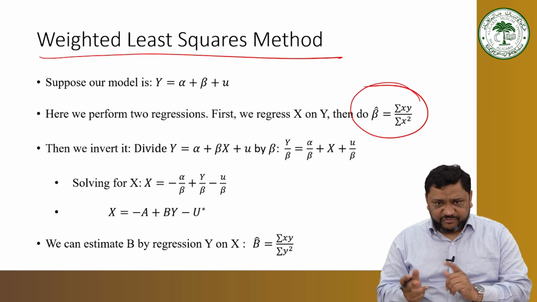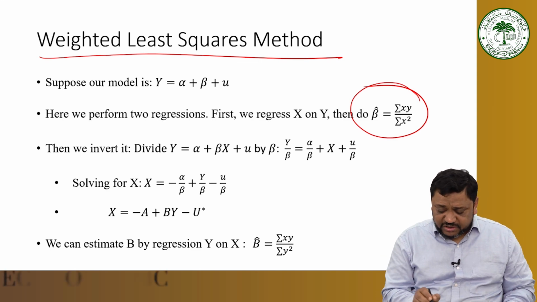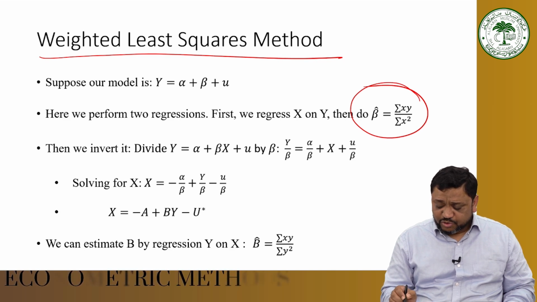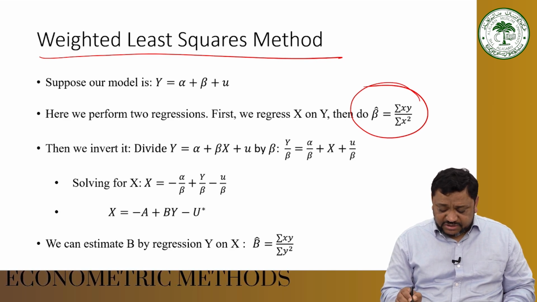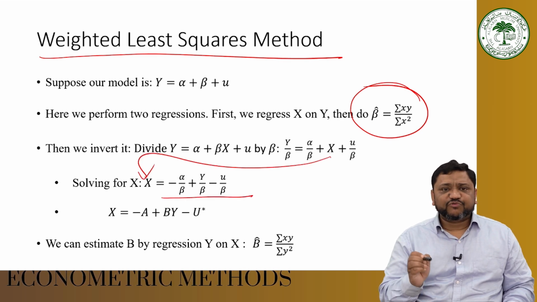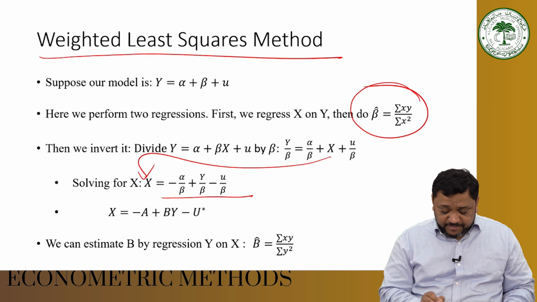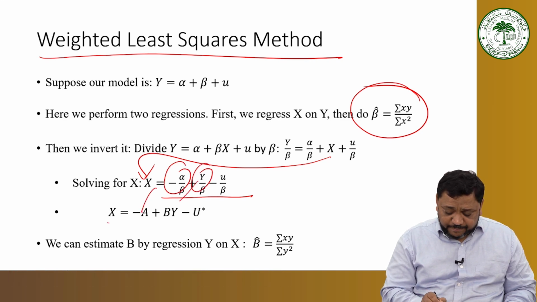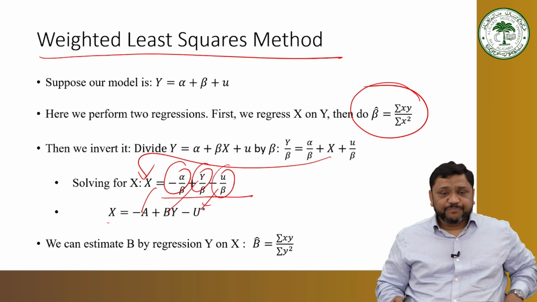Then we invert it. We have seen the inversion process. It is quickly written: we write it in terms of y by beta, then alpha by beta plus x plus u by beta. Then we write this equation in terms of x: x is equal to minus alpha by beta plus y by beta minus u by beta. Now we denote this as a, this as b, and this as u asterisk.